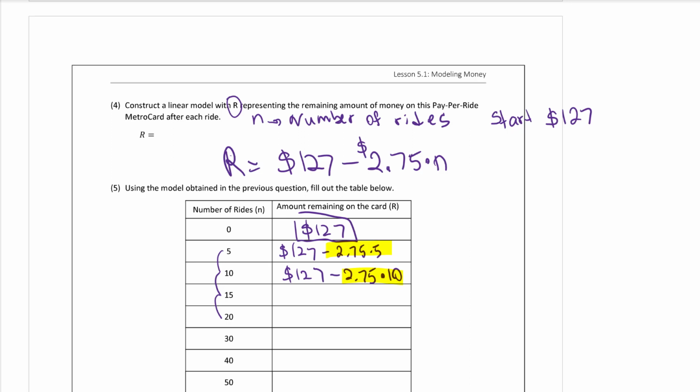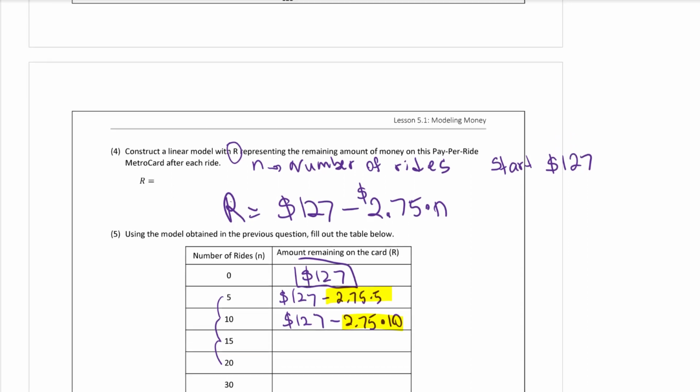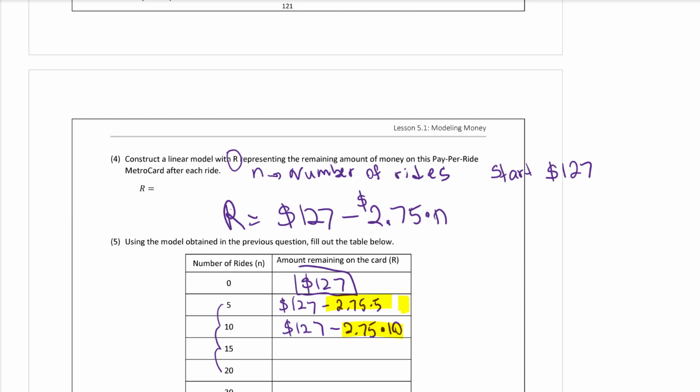Okay, so let me fill out the first two, and then the rest I'll give you a moment to fill out yourself. So 2.75 times 5, that's $13.75. The multiplication we do first, right? So it's 127 minus 5 rides, which will cost you $13.75. So that will make our balance $113.25.